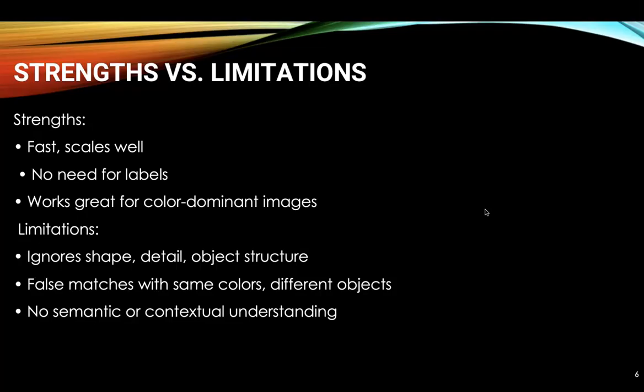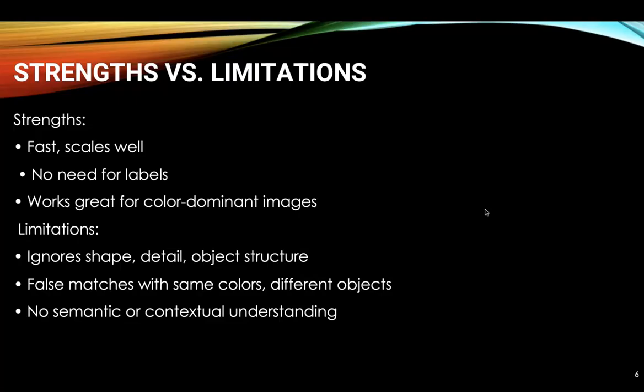What are the strengths and limitations? The strengths are that CBIR is very fast, it scales well, it doesn't need any labels, and it works very well for color-dominated images. But what are the limitations? It ignores the pattern and the shape of images.